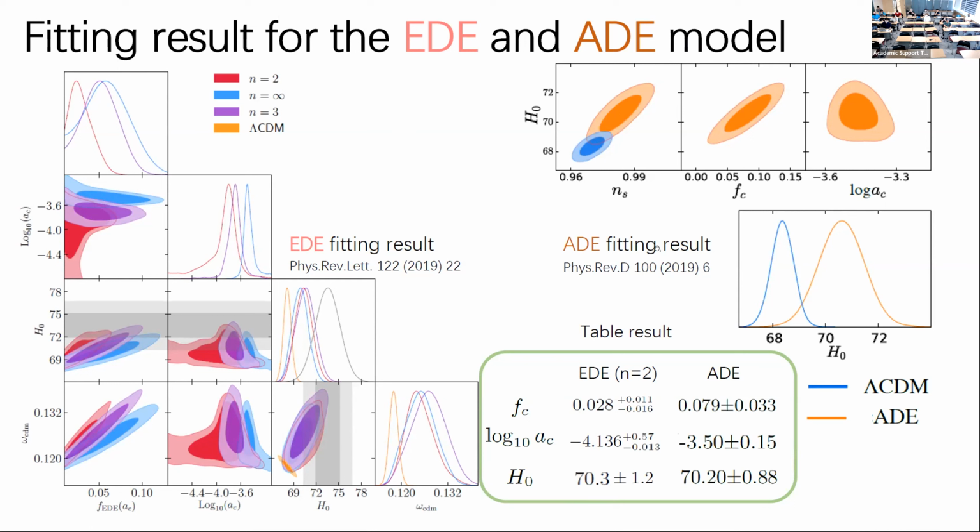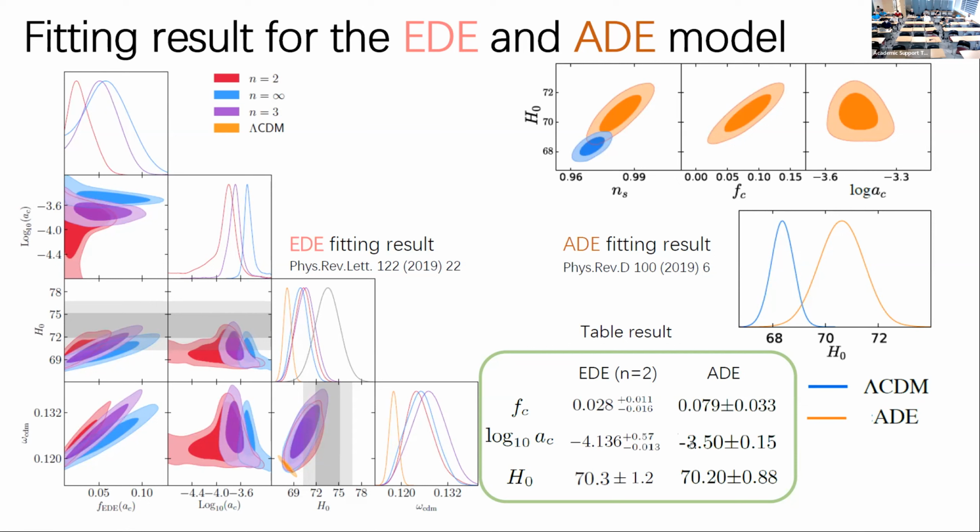And the second is the global fitting result for ADE. The blue one is lambda CDM, and the yellow one is ADE. We can see it can be distinguished from lambda CDM very well, especially it has a larger density in the early universe.